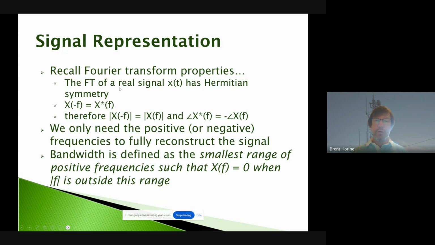Again, we're assuming it's a real signal at this point, and that's normally what we would transmit, right? It's the real world, so we use real signals. So we don't have to look at both of these. We can choose to only work with one of them, and then always know that we can reconstruct the other part of the signal.